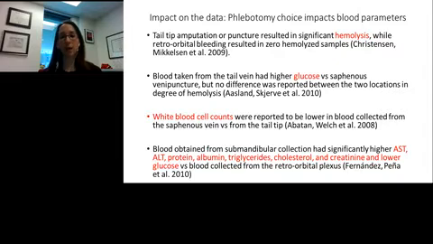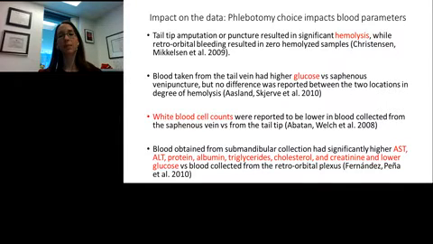But they did not find hemolysis if the blood was collected through retroorbital bleeding. In a paper by Asland et al., they showed that you would get a difference in your glucose sample whether or not you took blood from the tail vein versus the saphenous vein. But they didn't find any differences in hemolysis from blood collected at those two sites.